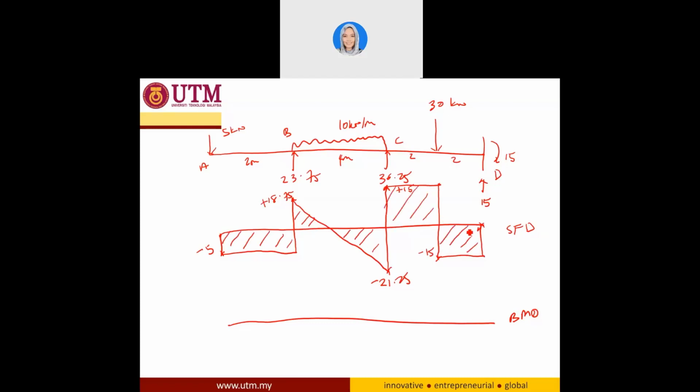So if I calculate this area, -5 times 2, I will have here to be -10. Okay, -10. I'll make it a bit clear for you.